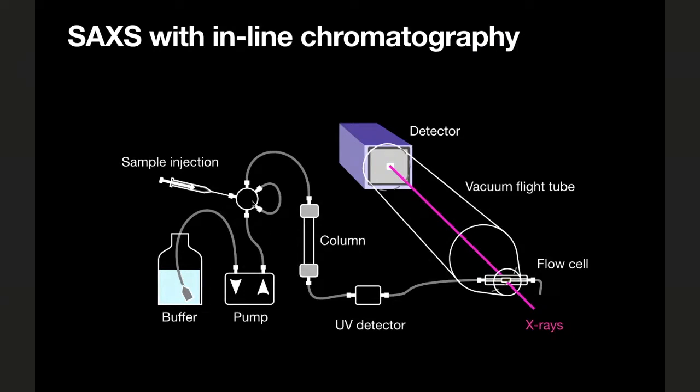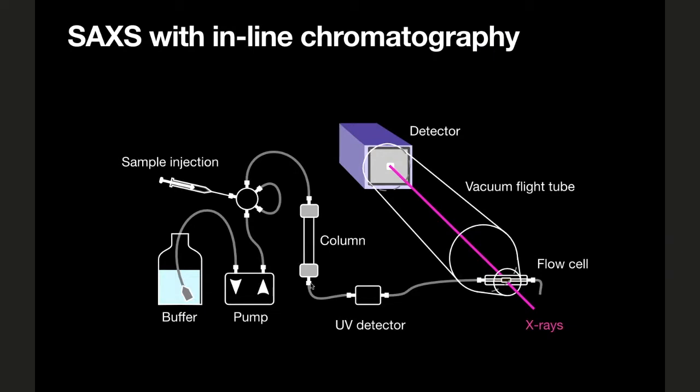So in a typical setup here, you'll have a buffer reservoir and a pump, and you'll flow this buffer continuously through a column. There's usually a sample storage loop and an injection valve, so you'll inject the sample using a syringe into this storage loop, and then it will be fed into the column at the appropriate time.